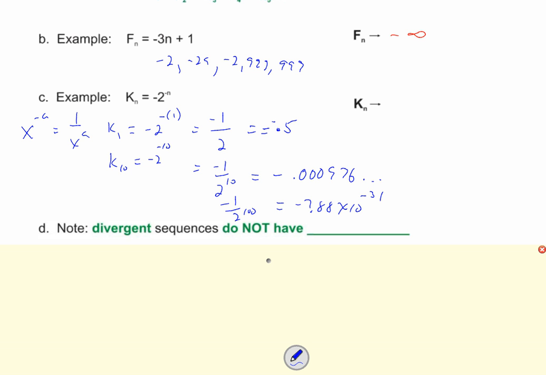Are we heading toward positive infinity, yes or no? Are we heading toward negative infinity, yes or no? No. Actually, we're heading towards 0. This one was convergent.